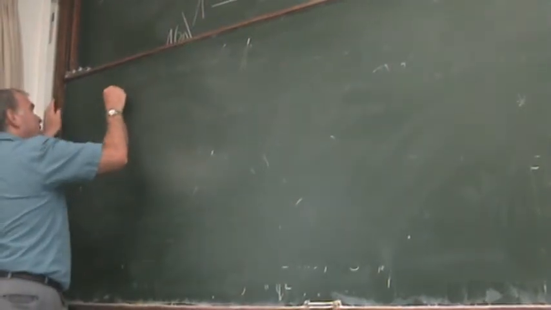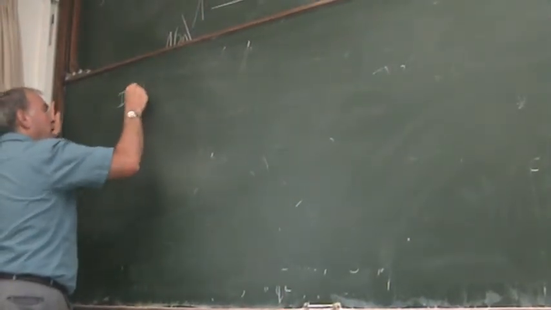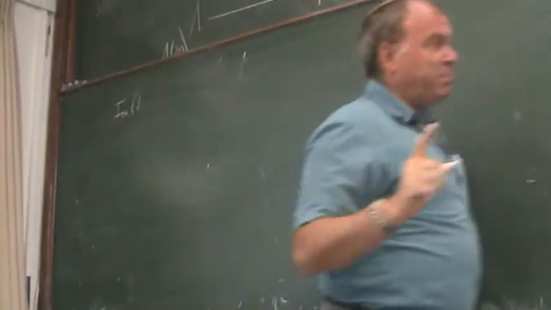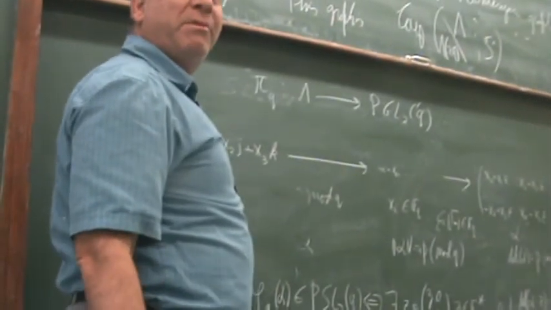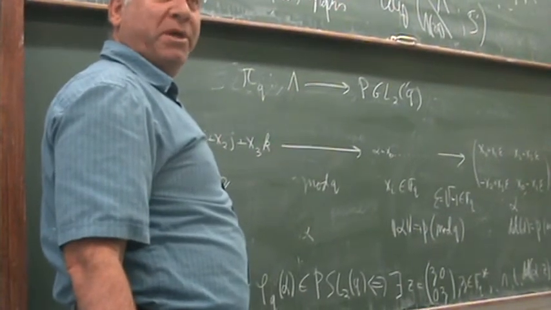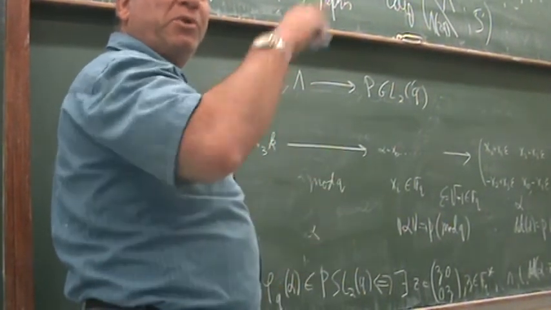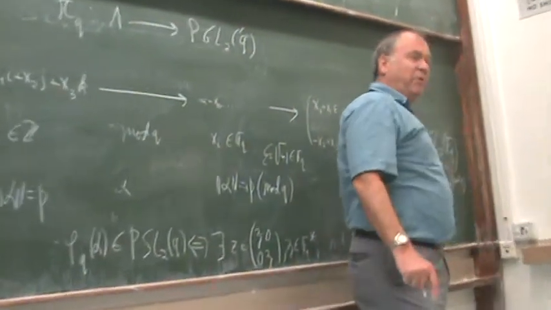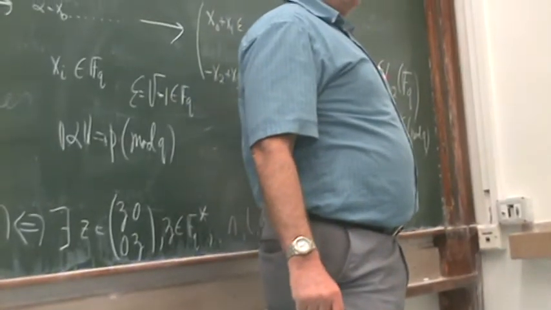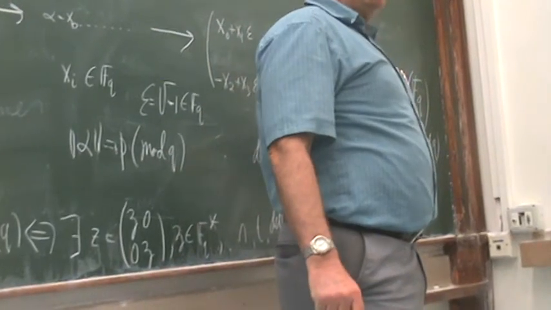But now what is important to say here is that alpha was some element of norm P, right? Doesn't matter which one of them. If you have a solution, you have a solution for all of them. So either you have a solution or you don't.